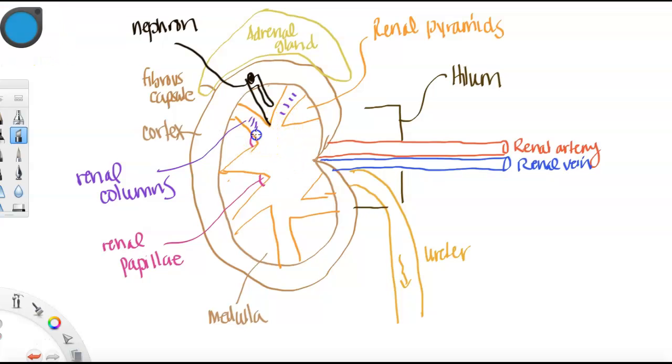And the cups kind of surround where the little papillae are. And there's the one here. And there'll be one here and here.